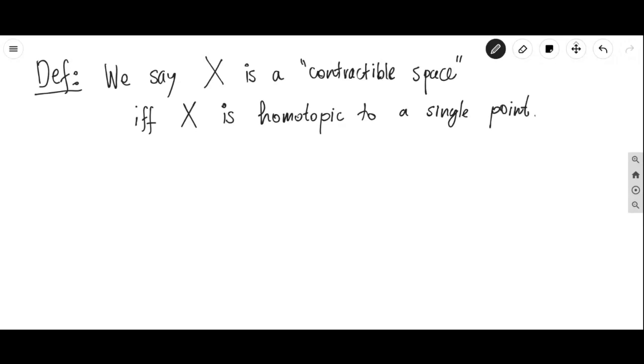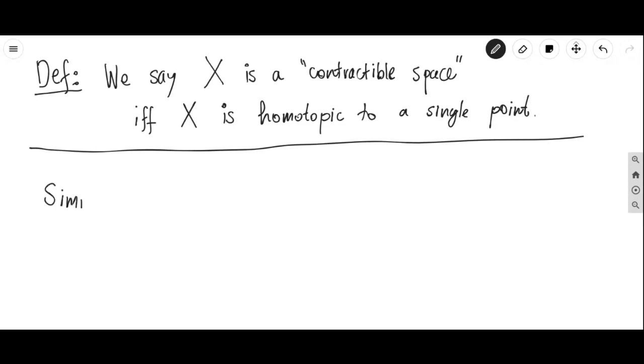That's what we call a contractible space. Now, to avoid confusion, I want to discuss the difference between a simply connected space versus a contractible space.